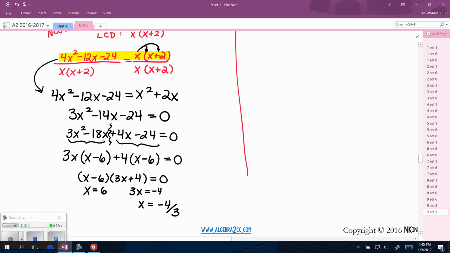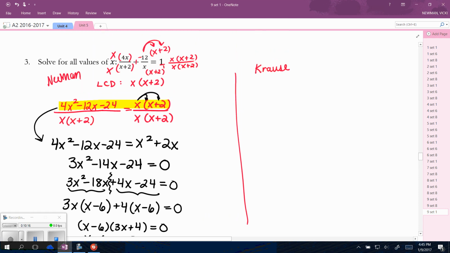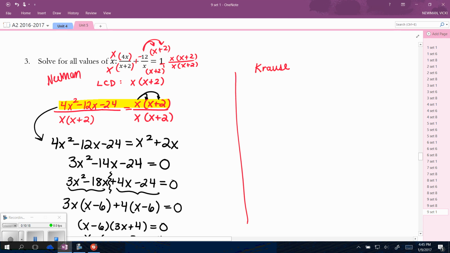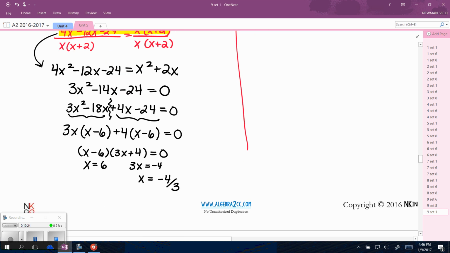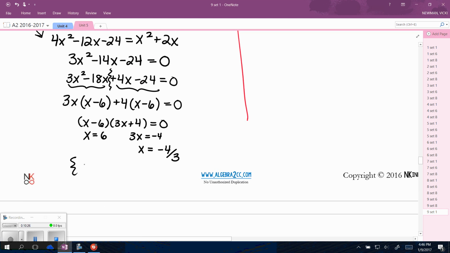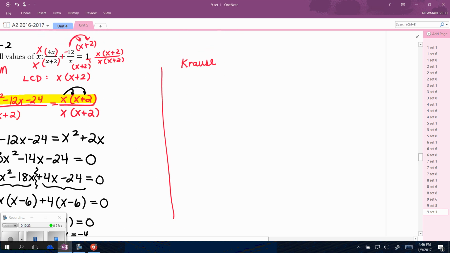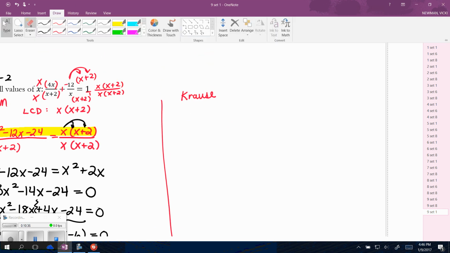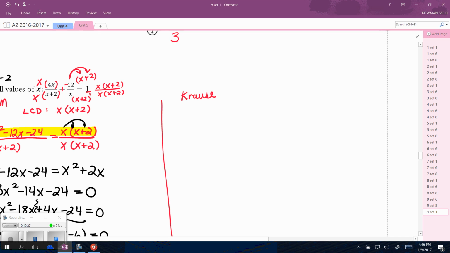Are both of those okay? Let's look at the original. The original numbers were x plus 2 on the bottom and x on the bottom, which means x cannot be equal to 0 or negative 2. I didn't get either of those, so 6 and negative 4 thirds are both okay. All right, my people, move on.